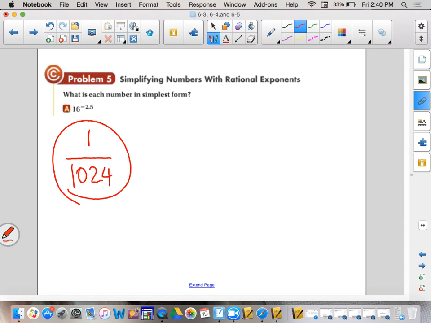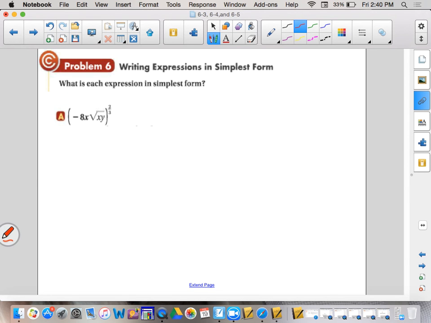Okay, last problem, 6-4. So we're probably going to use a couple of different exponent rules in this one. So I got negative 8 times x times the square root of xy, and I'm going to raise the whole thing to 2/3.